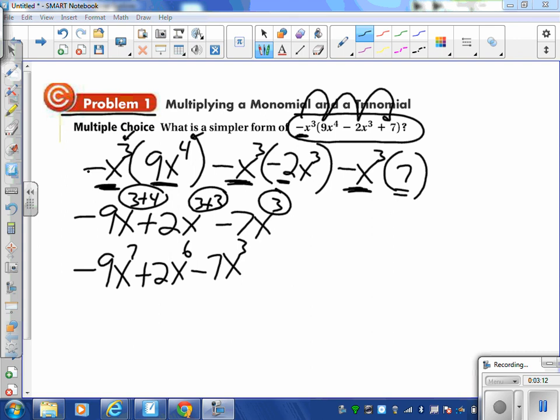And looking at this problem, all the exponents are different, so that is my final answer. Negative 9x to the 7th power plus 2x to the 6th power minus 7x to the third power.